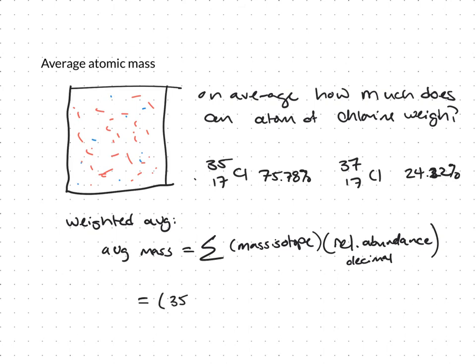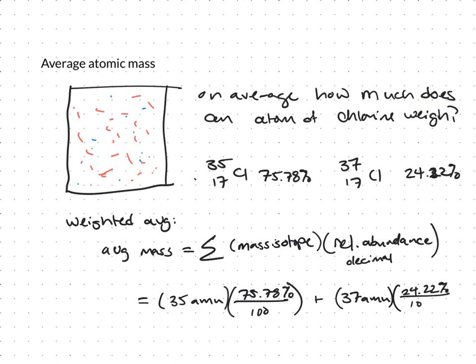So 35 AMU times its relative abundance, which is 75.78%, but I want that in decimal form, so I'm going to divide that by 100, plus 37 AMU, which is the mass of the other isotope, times 24.22%, again divided by 100 because I want to get rid of that percent. When I put that in my calculator, what I'm going to get is 35.48 AMU.